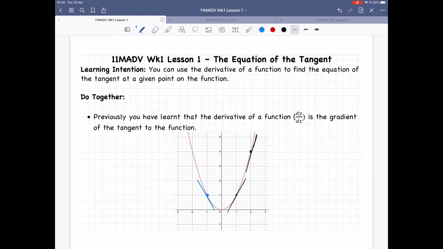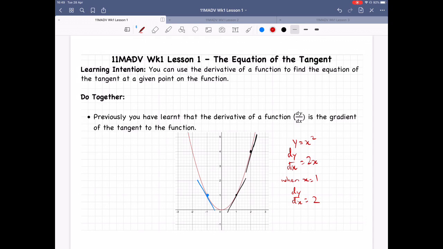So if we wanted to look at this function in particular, we've got the function here, y is equal to x squared. So dy/dx using our power rule would simply be 2x, and when x is equal to 1, then dy/dx is equal to 2.